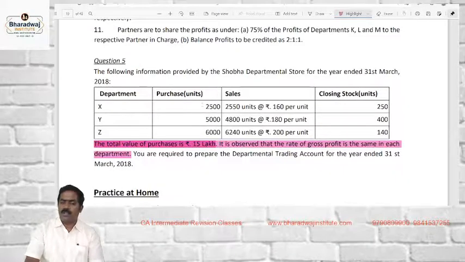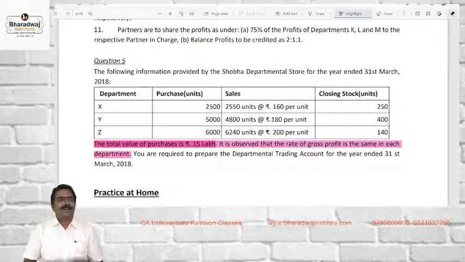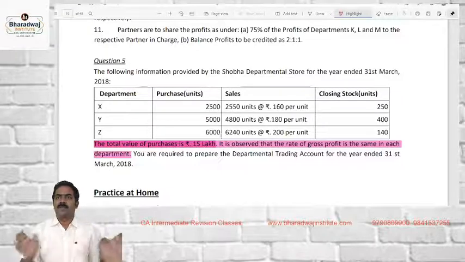Immediately in the exam, if you have not tried this, you will do 15 lakhs divided by 2,500 plus 5,000 plus 6,000. Total cost divided by total quantity gives the cost per unit. That will result in the same cost per unit for everything.